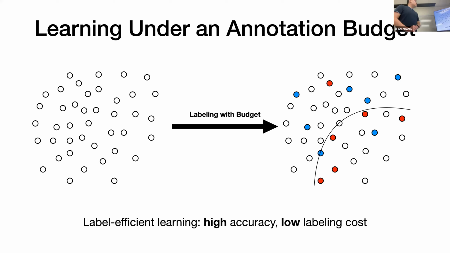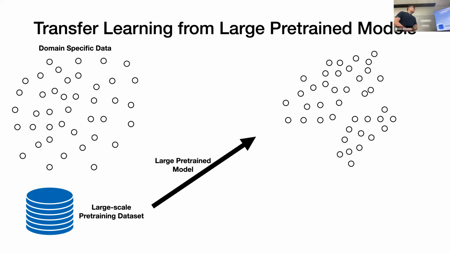There are many label efficient learning methods, and a lot of them are not foreign to you guys. First of all, one way to think about label efficient learning is that you could take a large pre-trained model, pre-trained on some large scale pre-training data set. For example, CLIP takes all these image and text pairs and uses that as the data set to pre-train the model. And then you have some domain specific data that you want to label.